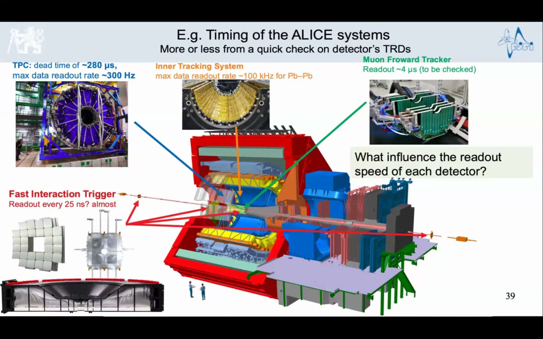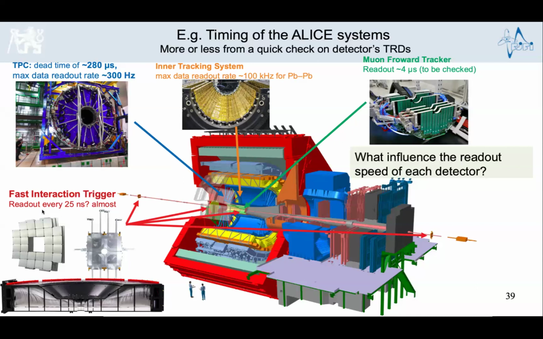So you can already recognize the difference in the readout speed of the detectors. For example, the muon forward tracker has a readout of 4 microseconds, I think. Well, I had to check. I didn't have enough time to really confirm this, but this is more or less what I thought.